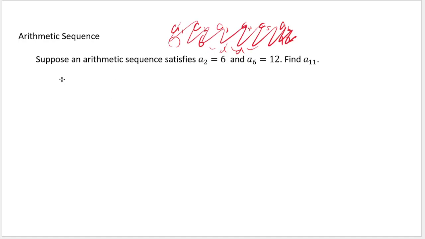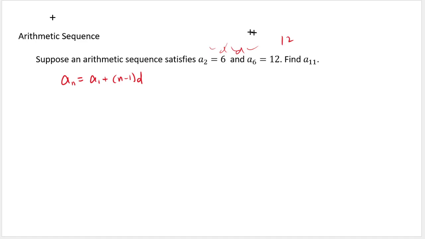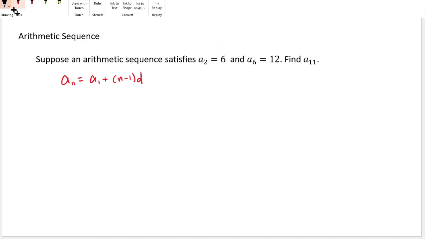So what we're going to do is, because we worked so hard to figure out this formula, an equals a1 plus n minus 1 times d, we will just make use of this over and over again, right? And for some reason that you will immediately notice, we want to start from a6.